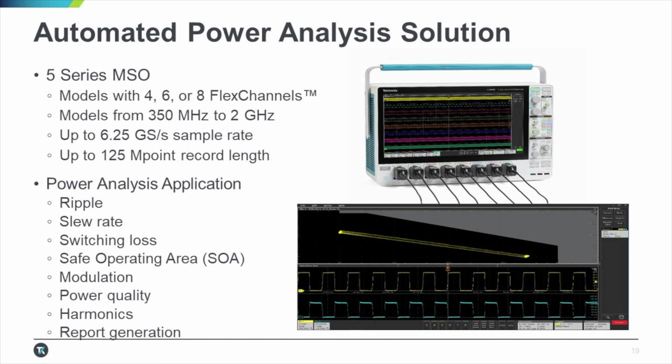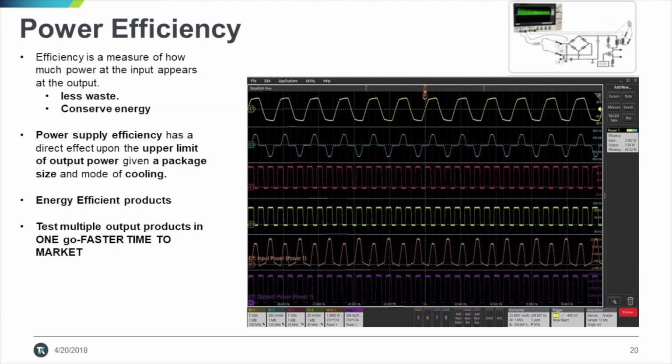And beyond the magnetic measurements that we covered today, the 5 Series MSO also provides analysis software to more holistically enable you to look at power quality measurements such as ripple, slew rate, switching loss, SOA or safe operating area, modulation, harmonics, and overall power quality, while also providing very easy to use point-and-click report generation.